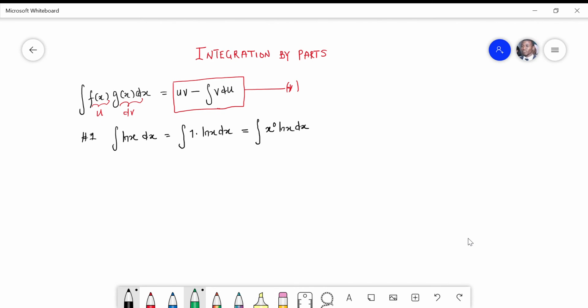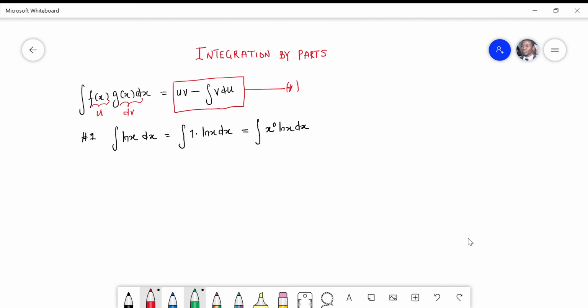So you get the idea why I'm doing this, right? So now what I need to do is to identify what my u is. Once I've identified what my u is, by default I know what my dv is, right? That makes sense. Cool. So this is the concept I'm going to use.